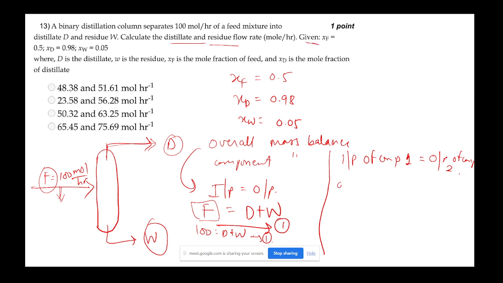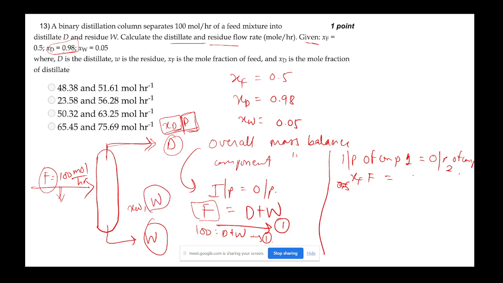So you can write XF into F equals what will come out in the distillate, which is XD into D, because D is the total flow rate coming out in distillate, and XD is the mole fraction of component 1. Here in the bottom it is XW, and W is the flow rate.